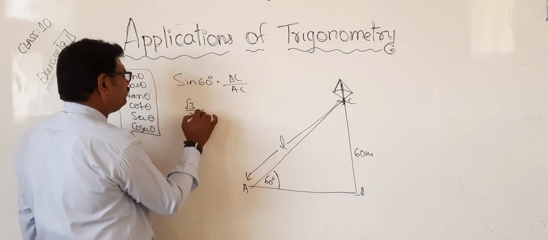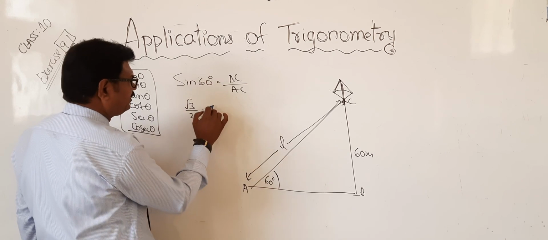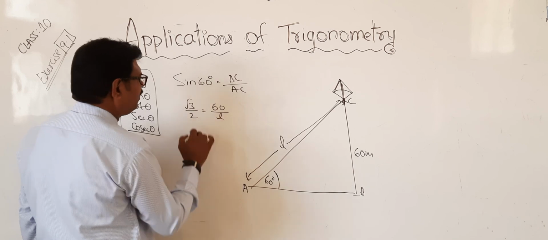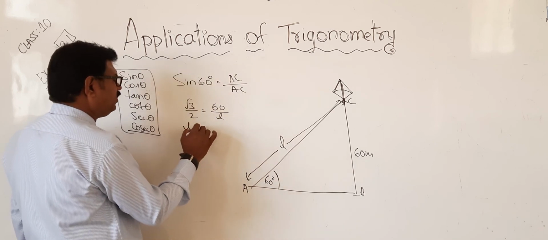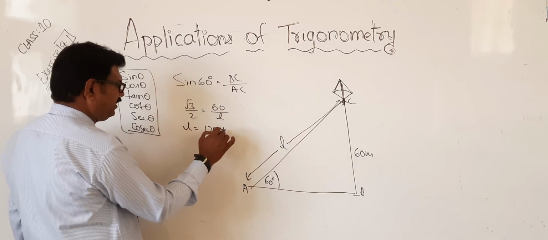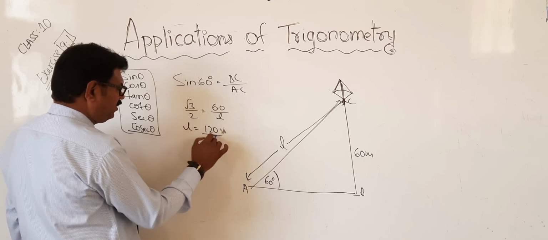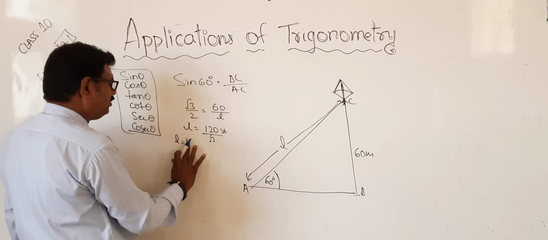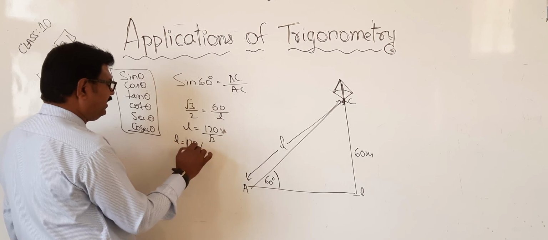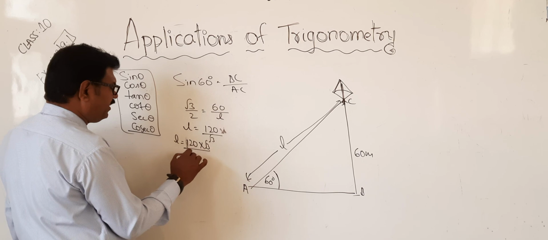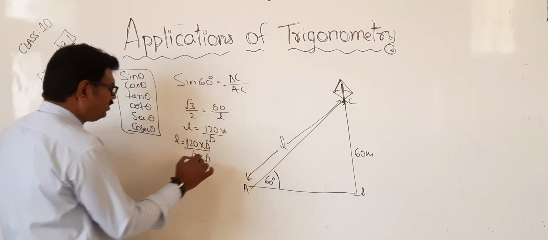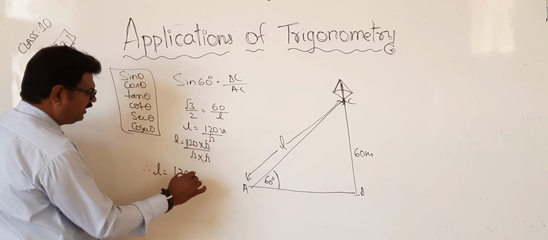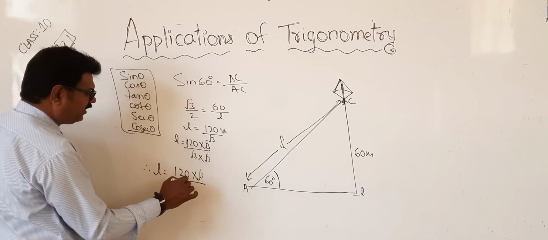Root 3 by 2 equals BC, which is 60, divided by L. Therefore, L equals 120 divided by root 3, or 120 into root 3 divided by root 3 into root 3. Therefore, L equals 120 into root 3 divided by 3.